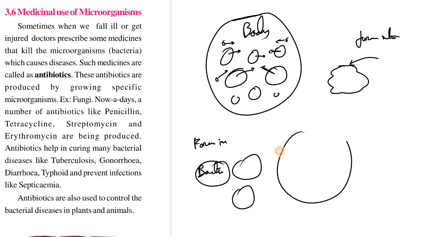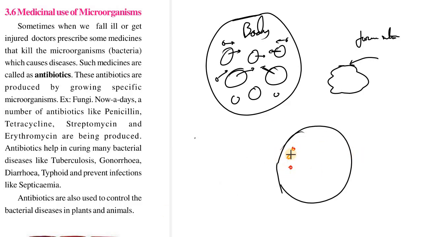So this is a human body, think of it like that, and then we have got some bacteria from food or some other sources. There was a cut in your body. Okay, you were playing around and you got cut, and as a result, there was a cut in your body, and from there you get bacterial infection. What is happening? Bacteria entered your body and now they are quickly multiplying. What to do? You go to the doctor.